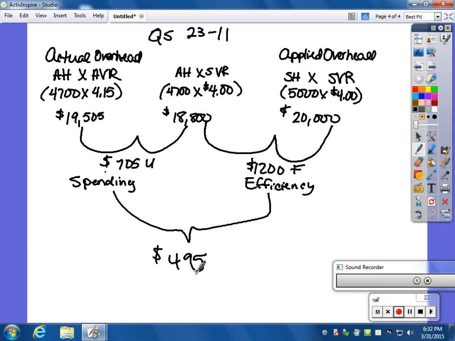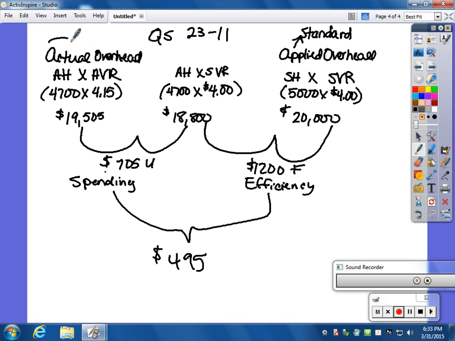Reason why 495 is going to be favorable. Are we using the higher one? No, it's more simple than that. Yeah, you are using that, but I think the words throw you guys off. This is the same as standard.